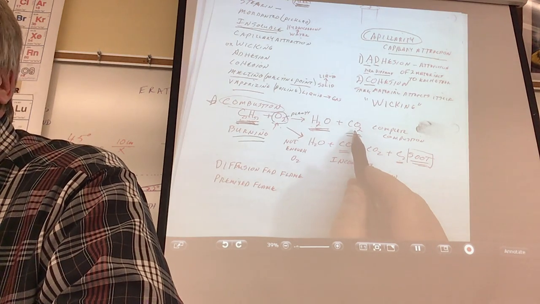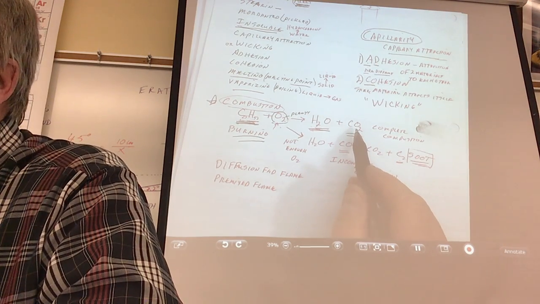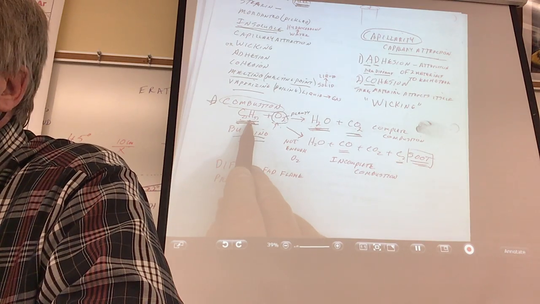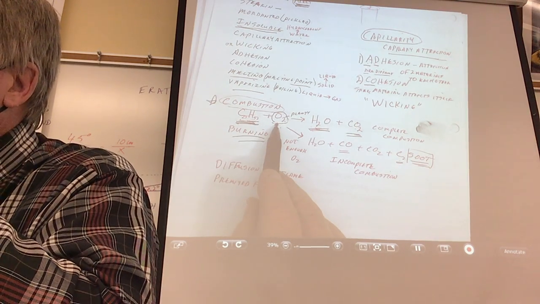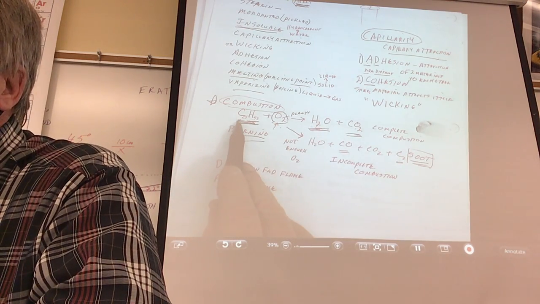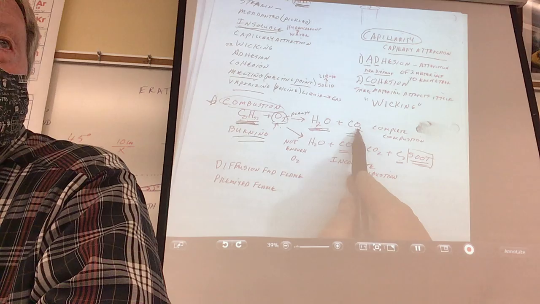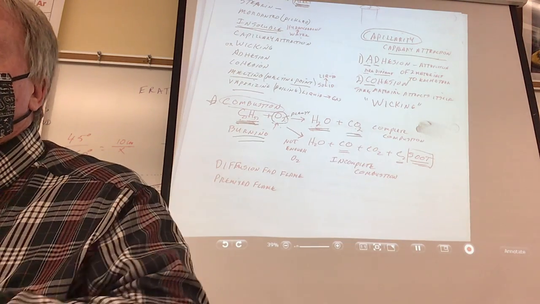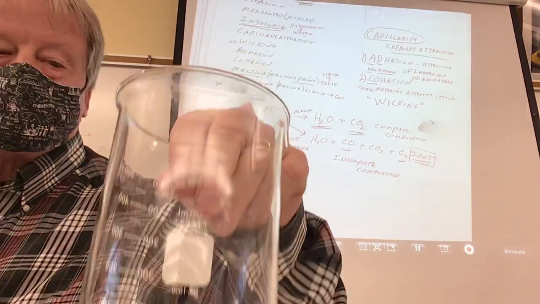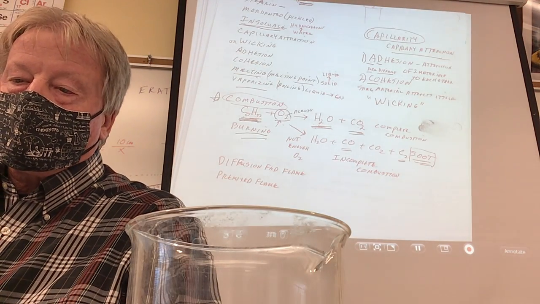You say, wait a minute, where's the water coming from? I'll show you. Take the hydrogen atoms from the hydrocarbon and combine them with the oxygen atoms from oxygen, and you get water. Take the carbon atoms and combine them with oxygen, you get carbon dioxide. Oh, I didn't see that. Well, some of you weren't looking.